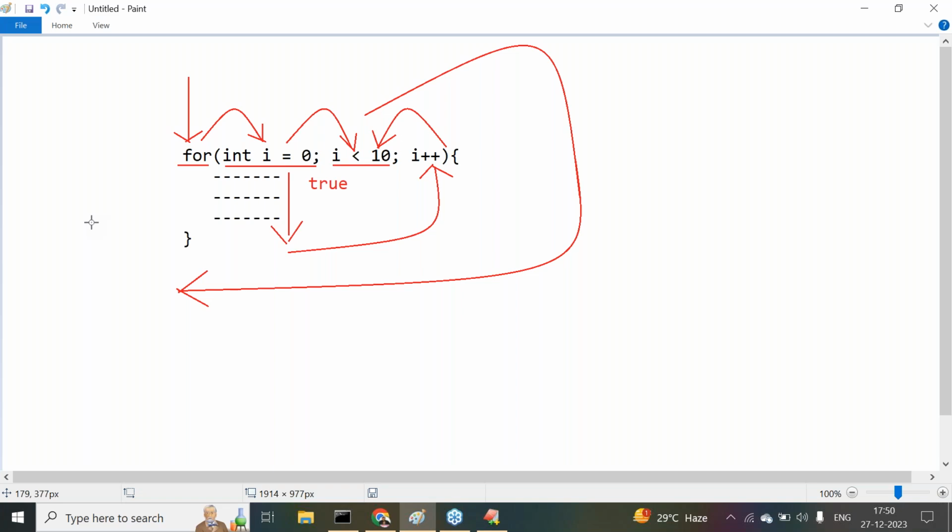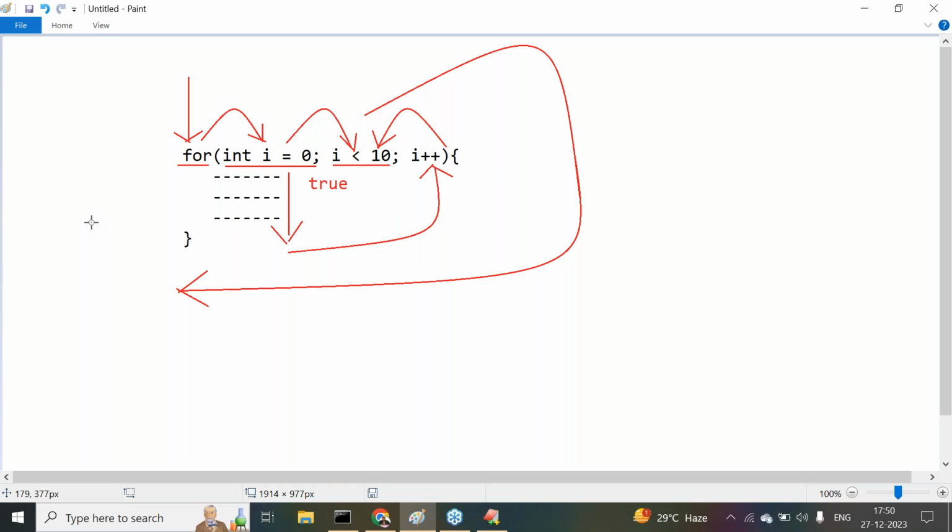Because of executing that internal functionality, JVM is evaluating the total for loop in this particular fashion. So for is a predefined word. It has internal functionality or not?